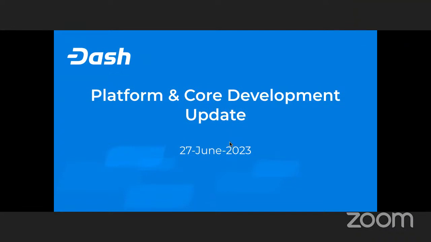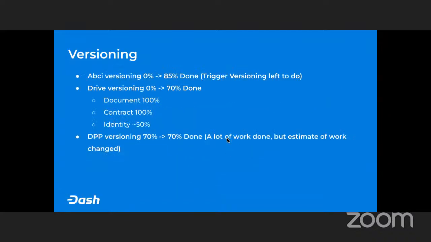One of the main highlights of this sprint, at least for me, was versioning, and I've been working on it quite intensively, to say the least. The amount of work in versioning is pretty high.